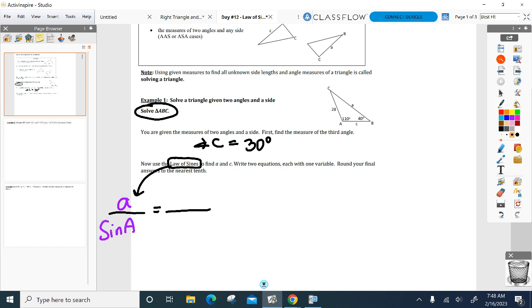So I'm going to put sine A. And you set that equal to another side, whatever other side you have, and the sine of the angle across from that. It will make more sense when I plug in actual numbers in a second. But that's the law of sines. A side over the sine of the angle across equals another side over the sine of the angle across.